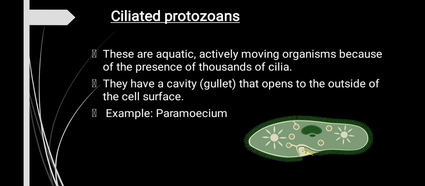With the help of cilia, the food which it detects is pushed towards the gullet, and this gullet opens to the outside of the cell surface. An example of a ciliated protozoan is Paramecium.